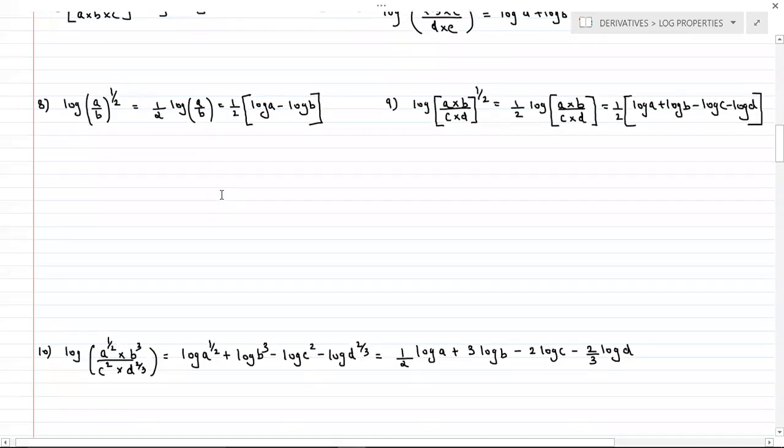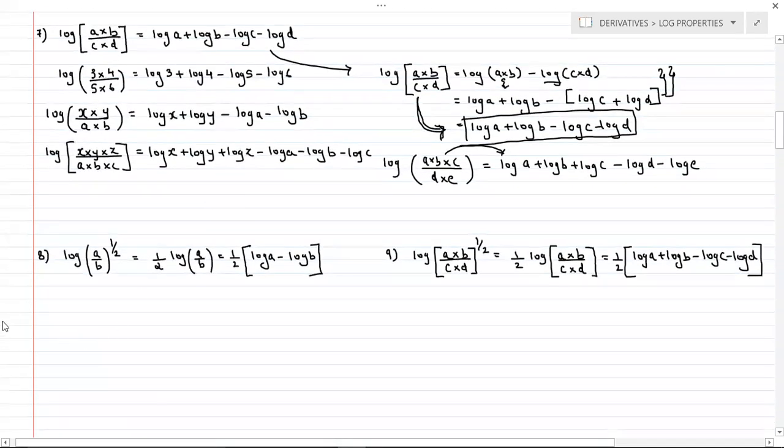Remember this. Now I hope the 7th property is understood by everyone. The 7th property is very, very important because many sums in the exercise are based on it. So you must know to do this adjustment whenever you see log, and in the numerator there are certain terms, and in the denominator of course there are some terms.